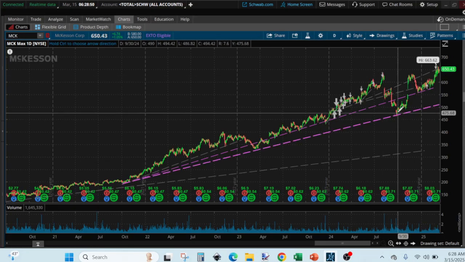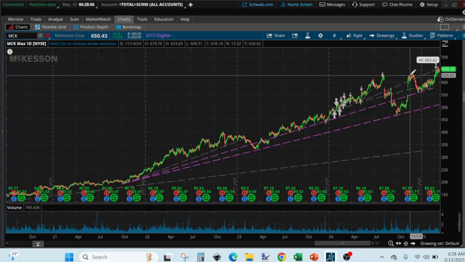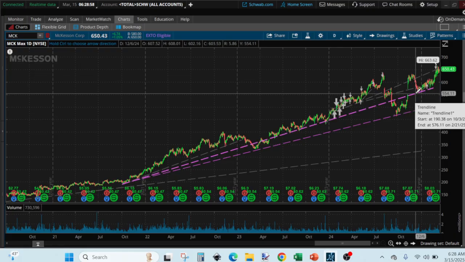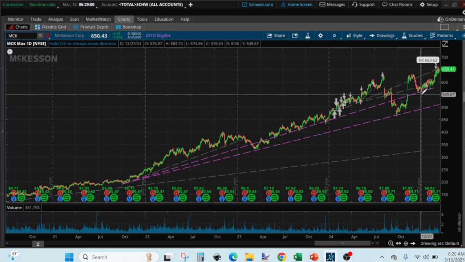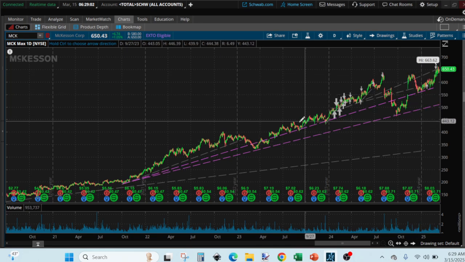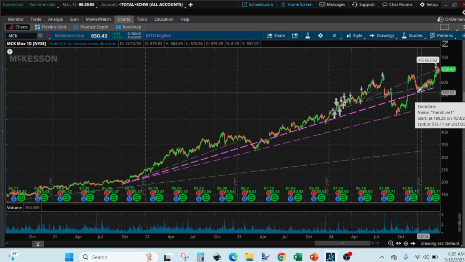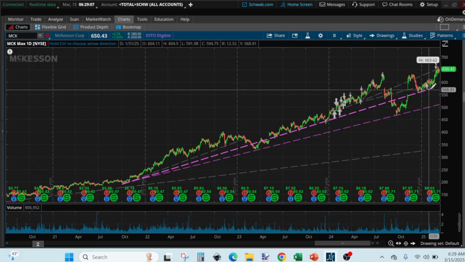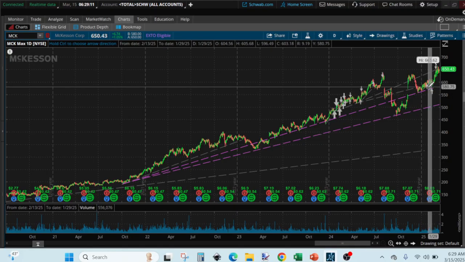And when it pulled back to this trend line, went up and started creating the second pullback to the secondary trend line like here, we know it's going to climb for a while. So we bought it.